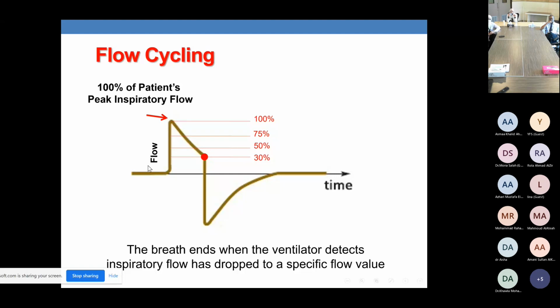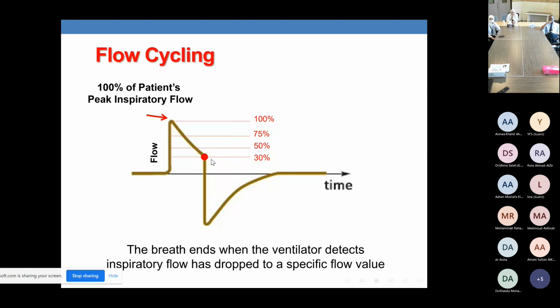So how does the machine work with that? The initial flow generates the pressure to reach your target. This is the peak inspiratory flow. Then, with the flow dropping, the machine is auto-cycled. Auto means automated, to stop at 20% of the flow.